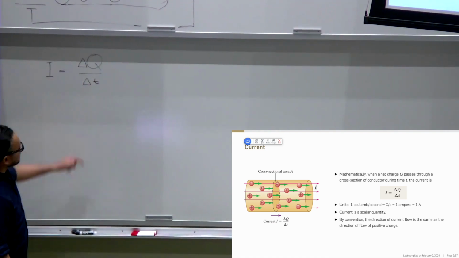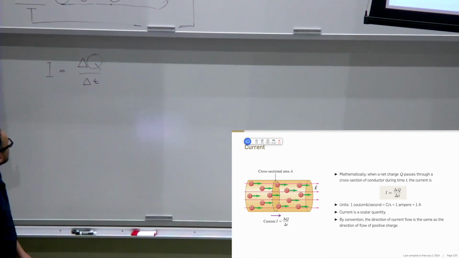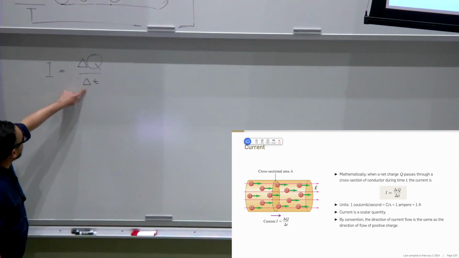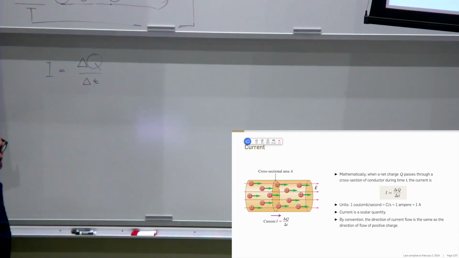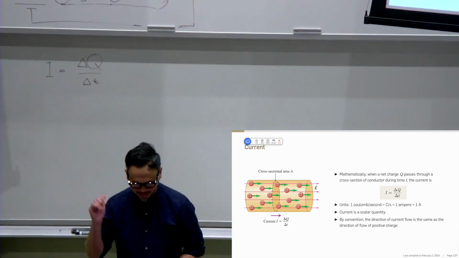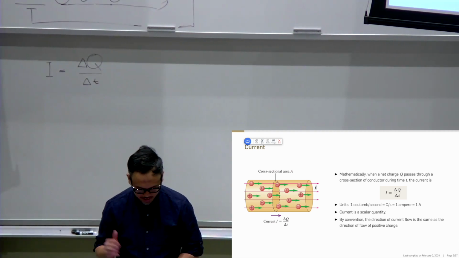This parameter is called the electric current. The unit is coulomb per second, or ampere. Okay, let's just continue. I can easily talk for the whole lecture about this.